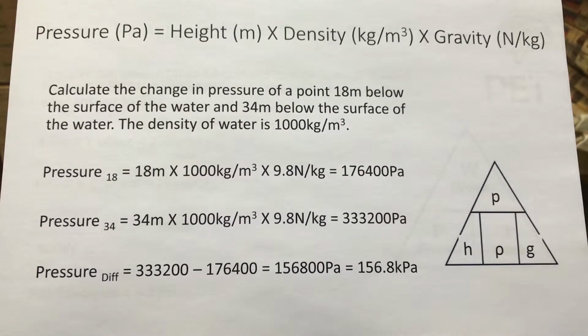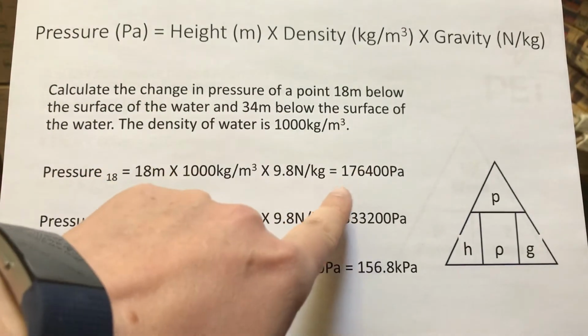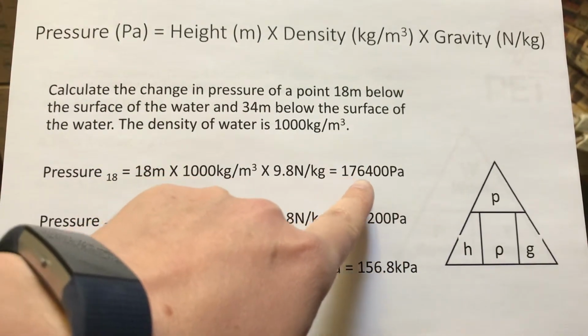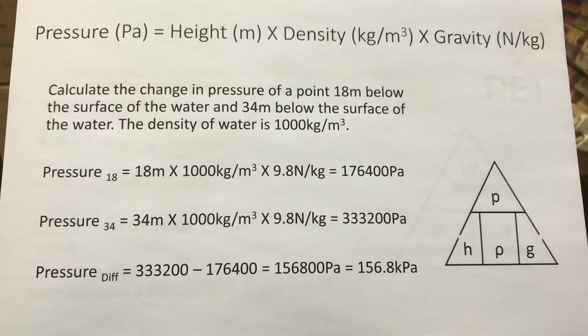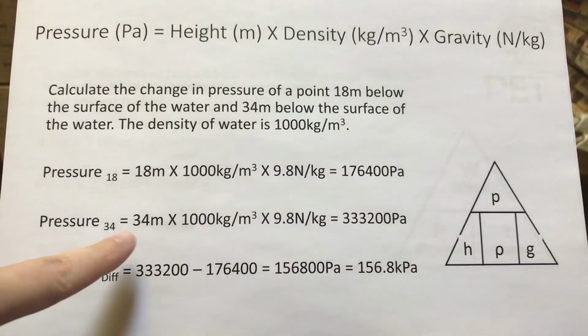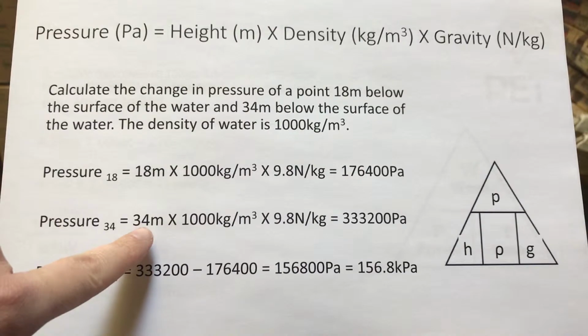There's no changing needed. So 18 multiplied by 1,000 multiplied by 9.8 gives us this big number here, 176,400 pascals. And that's the pressure at 18 metres. Then we look for the pressure at 34 metres. Same situation, except this time we've changed to 34.